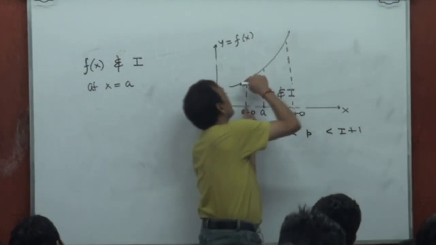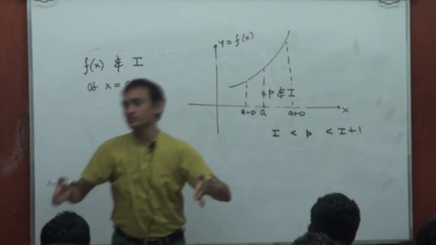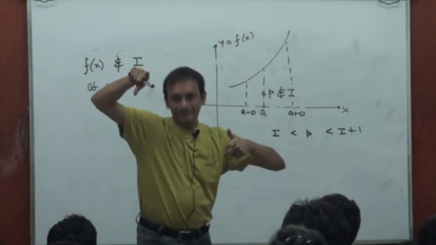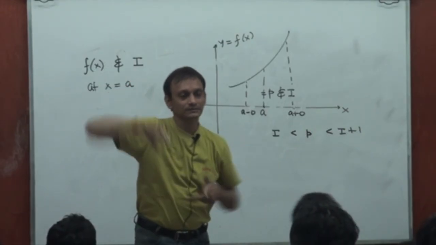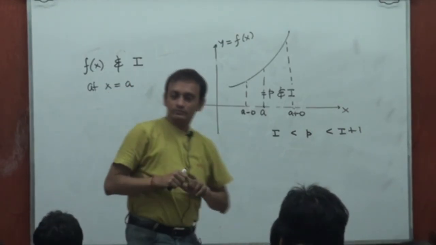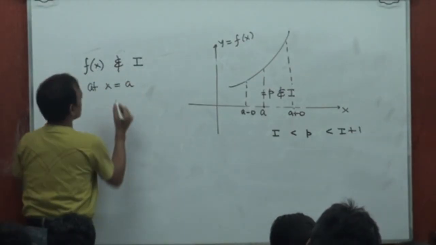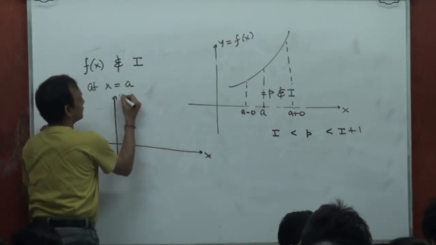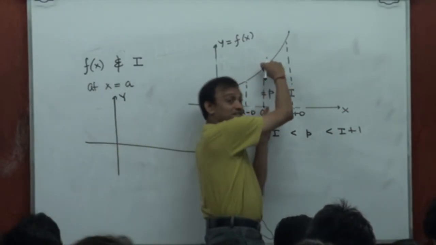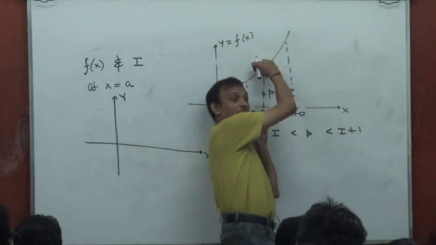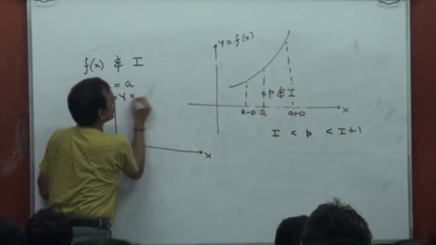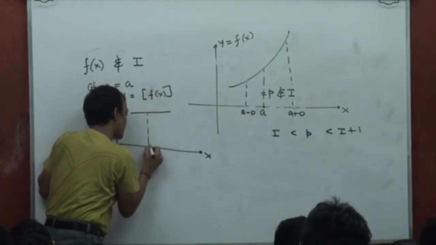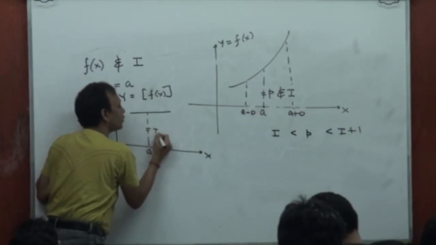And the box of all these numbers in the entire neighborhood surrounding x equal to a on both sides will still be I, right? Got me? So then what happens? At x equal to a, it's I. To the right of a, it's I. To the left of a, it's I. That means y equal to box of f(x), in the entire neighborhood around x equal to a, will be I all the way.